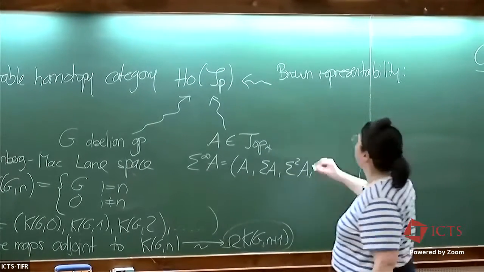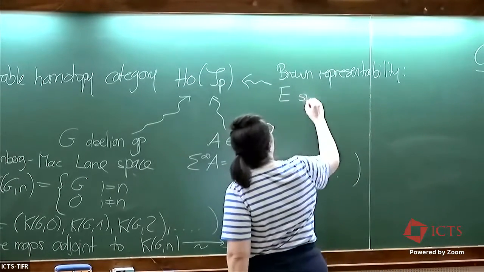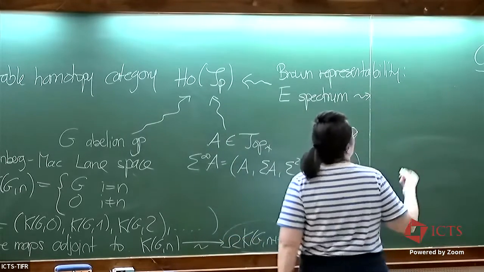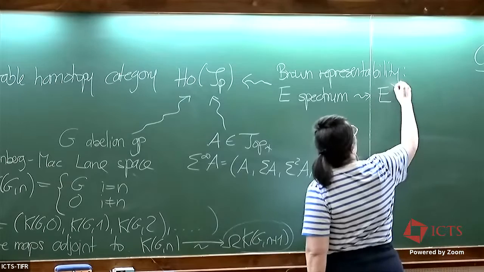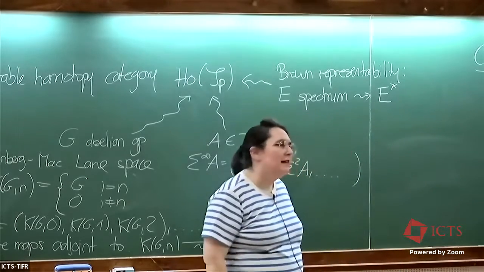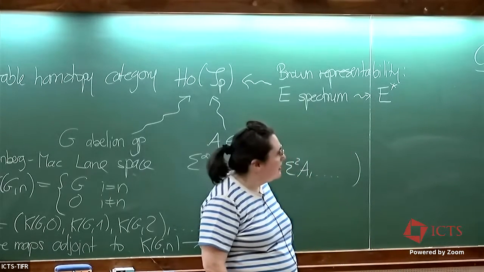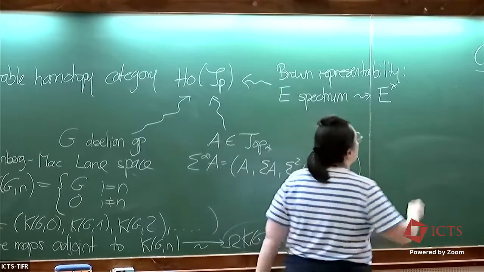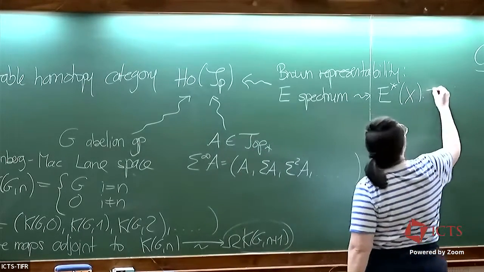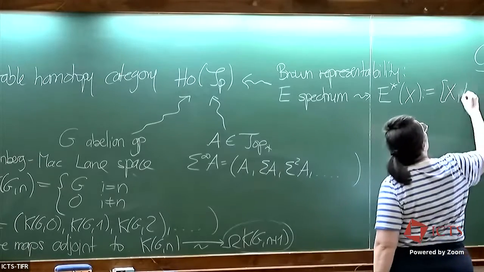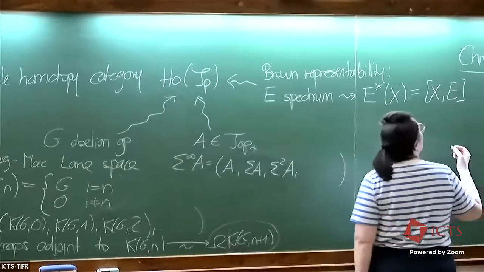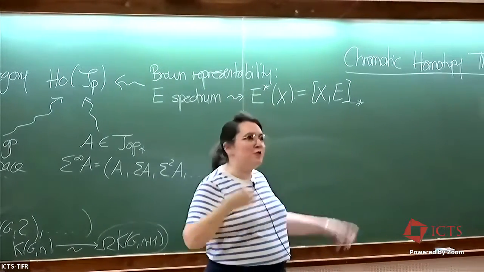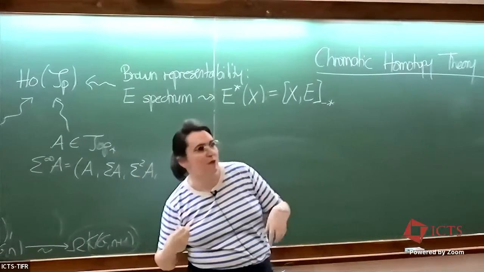If you have a spectrum E, then the following thing, and now I never know if it is a plus or minus. It is a minus. I wrote both in my book. One of them is wrong.